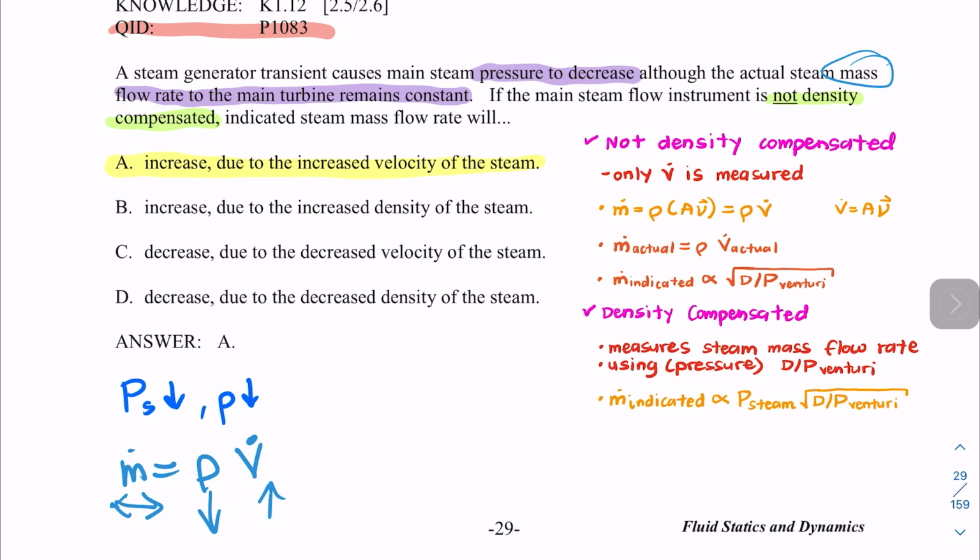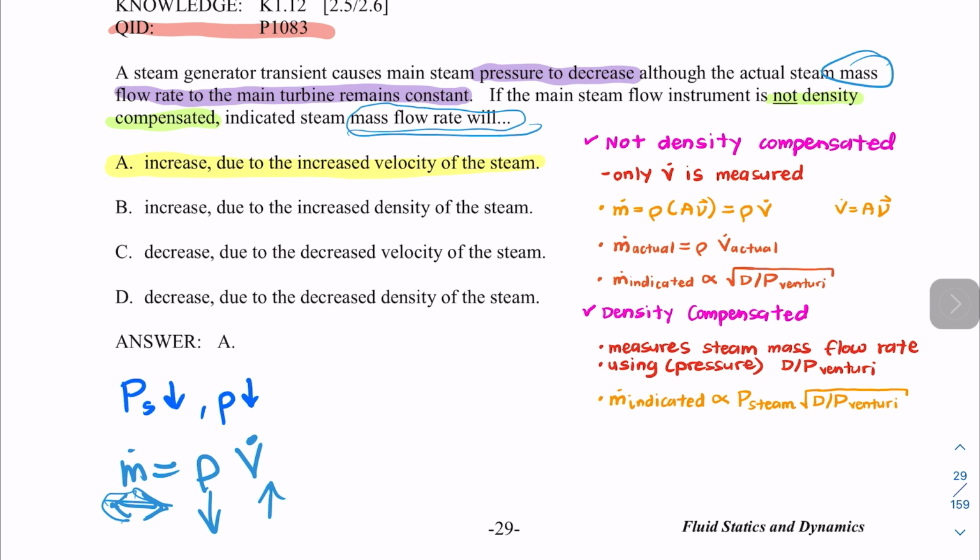If this decreases, this one has to increase to maintain the same. But the problem here is that this is not density compensated, right? Since it's not density compensated, how can I figure this out? How is the flow rate being affected in this case?